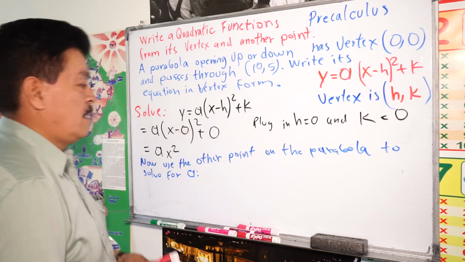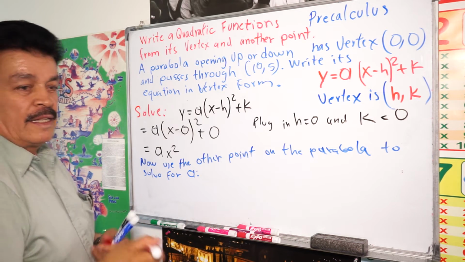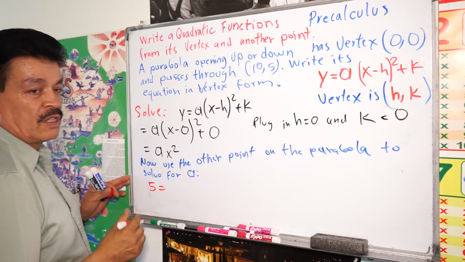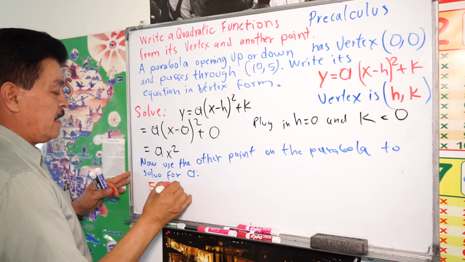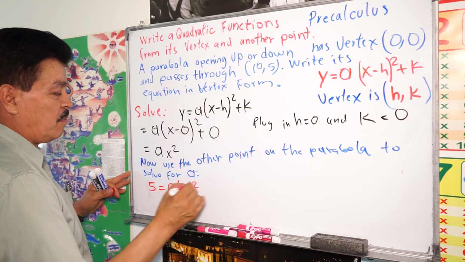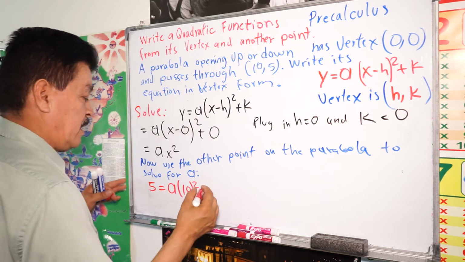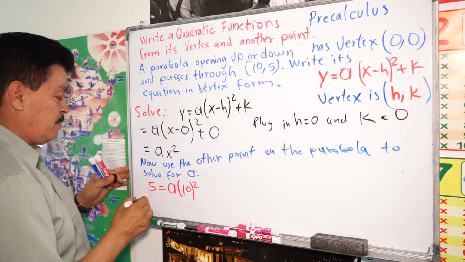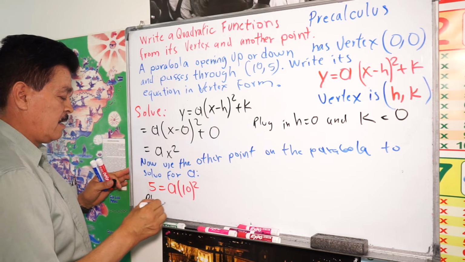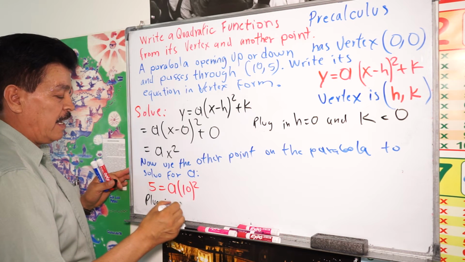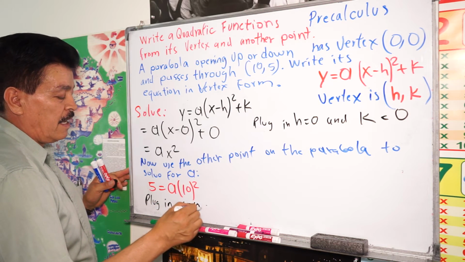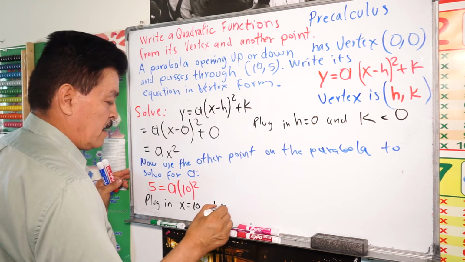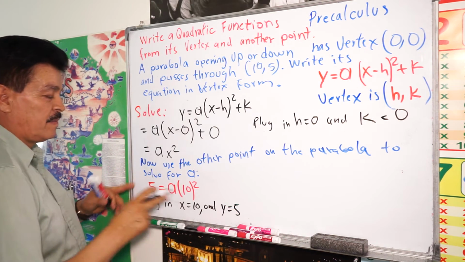All right, so in that case, it's going to be 5 equals a times 10 to the second power. Plug in x equals 10 and y equals 5, right? That's y.